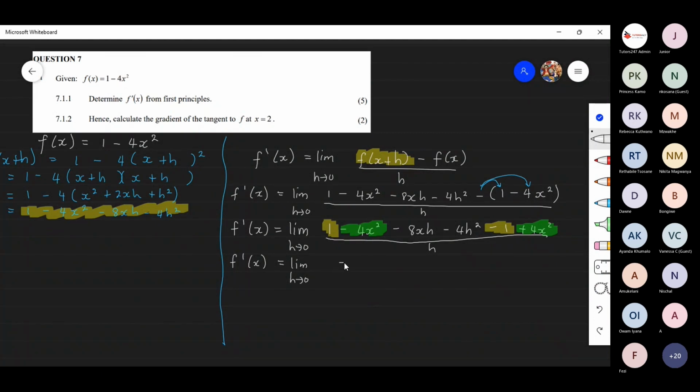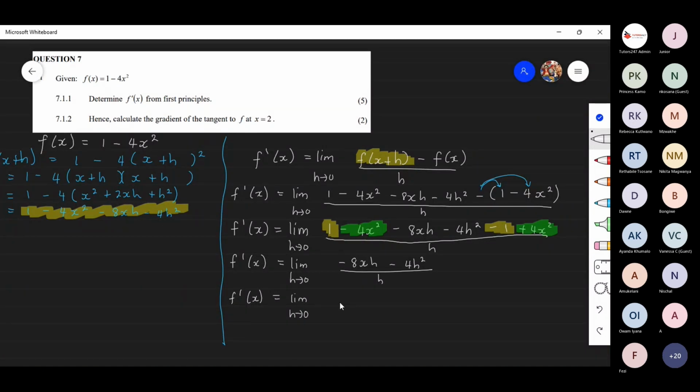So we are then left with negative 8xh minus 4h squared all over h. Now from this point, you can see that what you are left with has a common factor of h. So f prime of x equals the limit as h approaches 0.